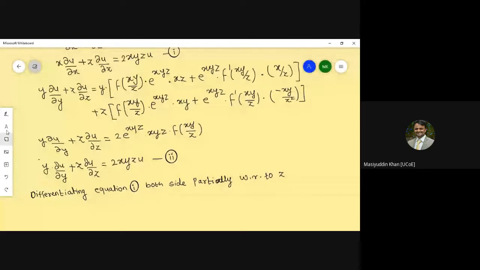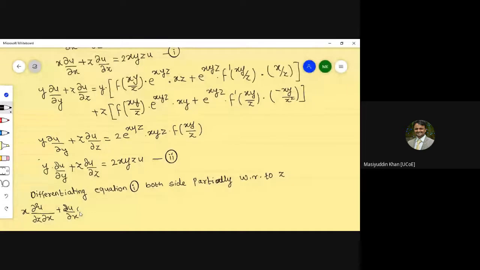So we have to differentiate this part. x as it is, differentiating this part with respect to z, you will get ∂²u/∂z∂x, plus the next part. The second part becomes 0 directly, because ∂u/∂x you write as it is and the derivative of x with respect to z becomes 0.